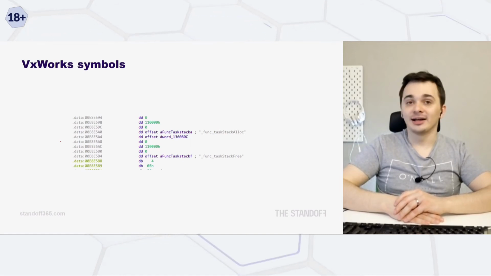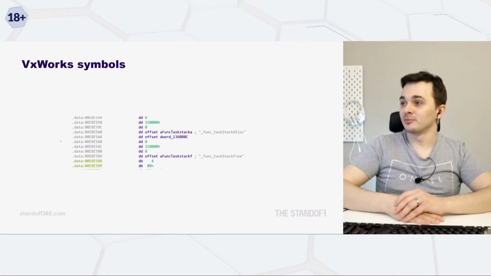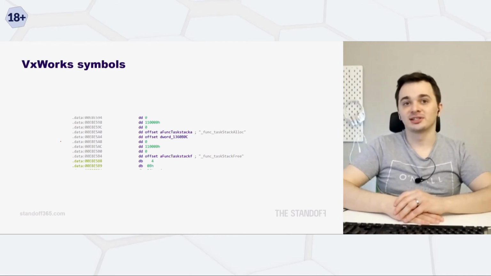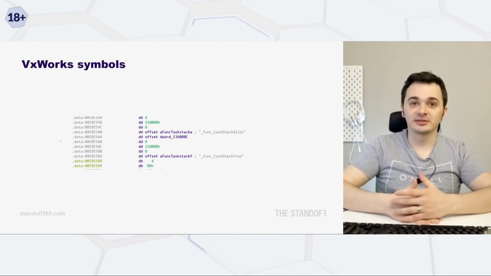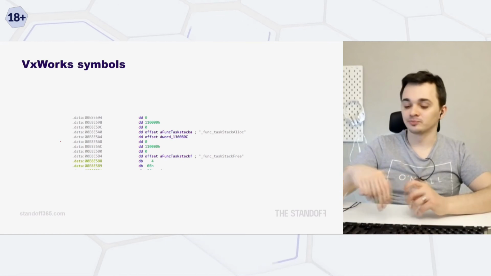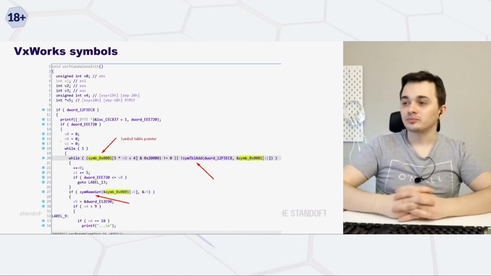And there are also pointers there to this global variable. So a variable here is called funcTaskStackA at the address you see on the left.